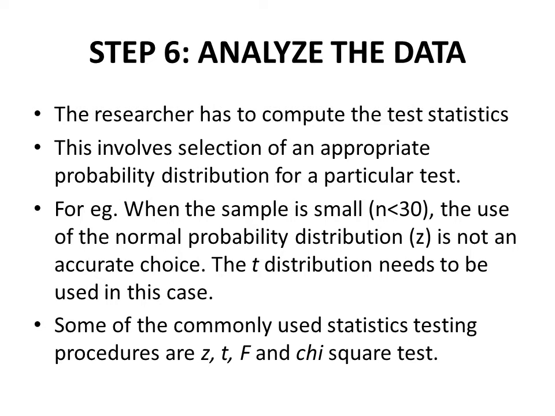So, when the sample size is less than 30, we use t-distribution test or t-test. When the sample size is more than 30, we use z-test. Some commonly used test statistics are z-test, t-test, f-test or chi-square test.